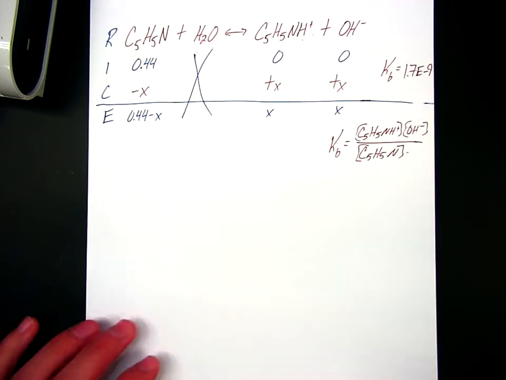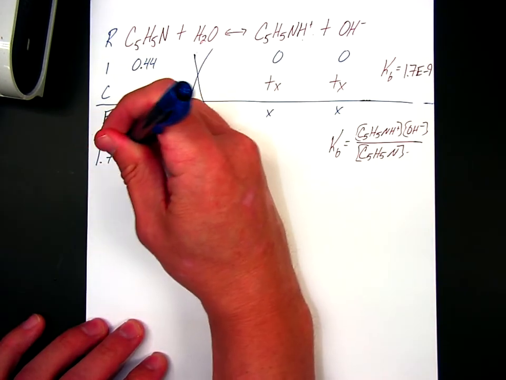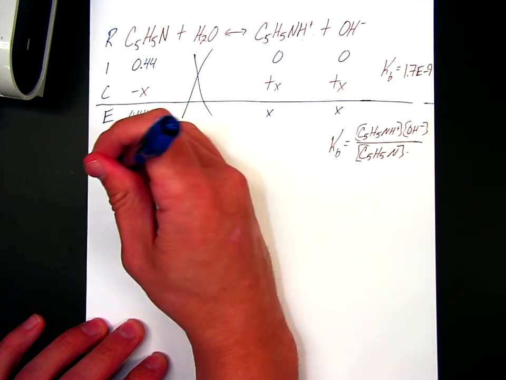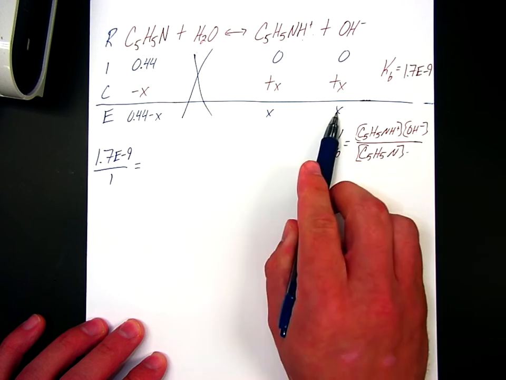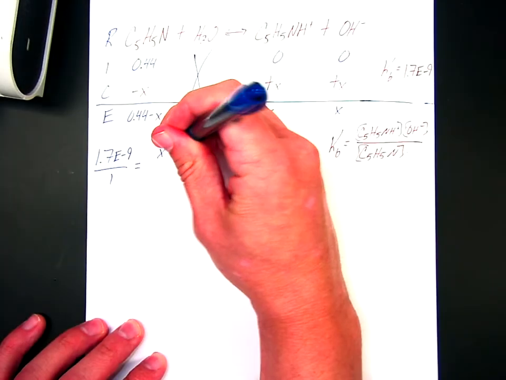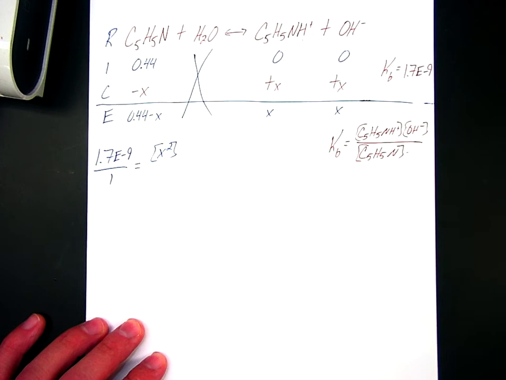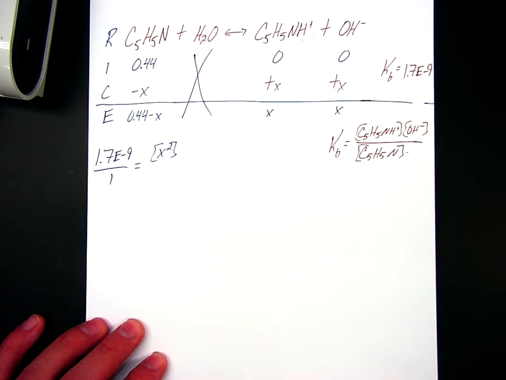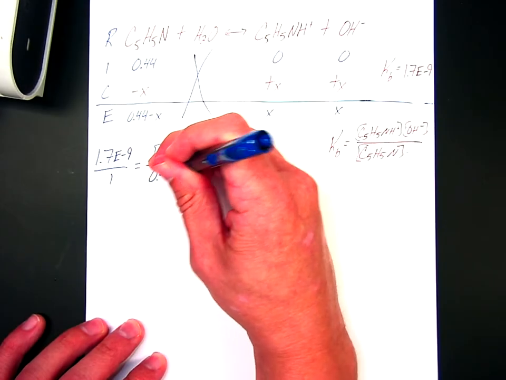All right, so there's my unsubstituted, and now we can put in everything that we know. So I have a Kb value of 1.7 E negative 9, and I can set that equal to both of these, which look, they're both x's, so x times x is x squared, if we want to simplify in our brain. And then my value for the pyridine here is the other equilibrium expression of 0.44 minus x.